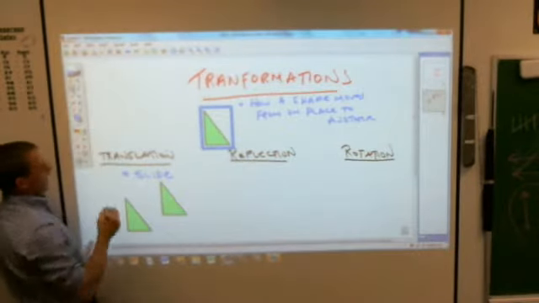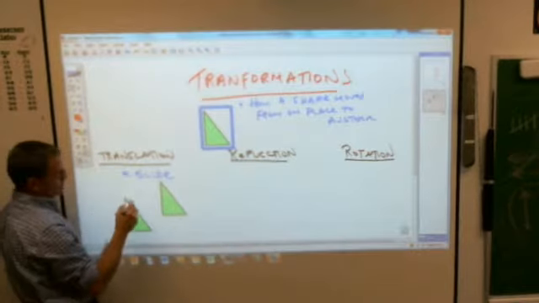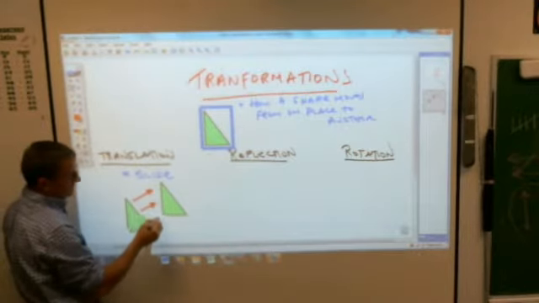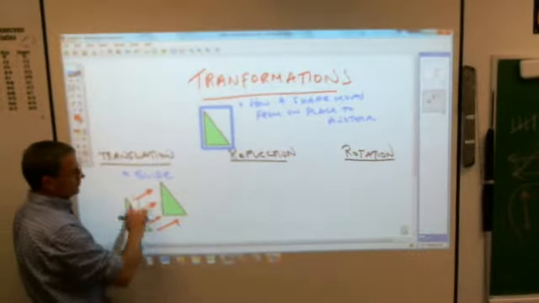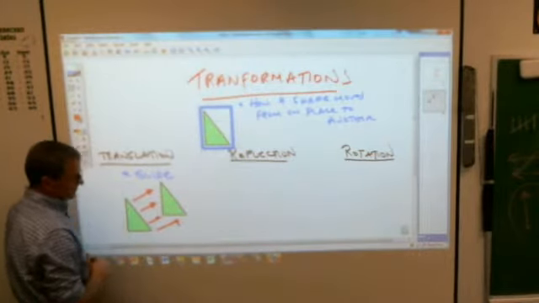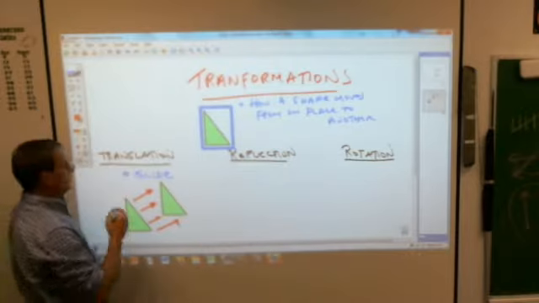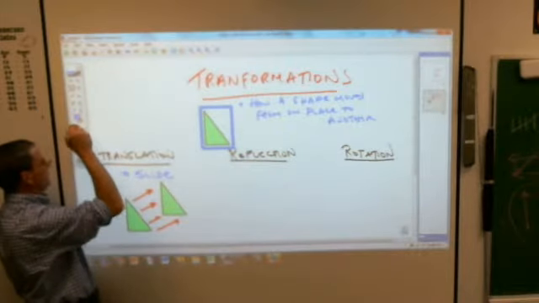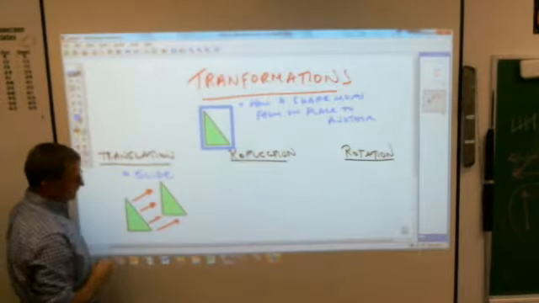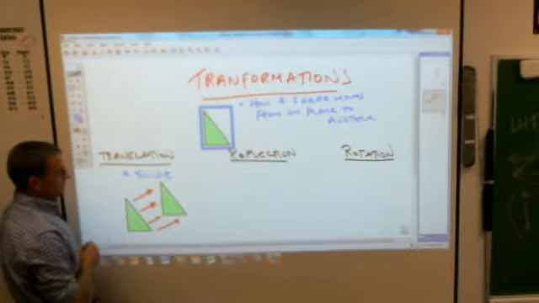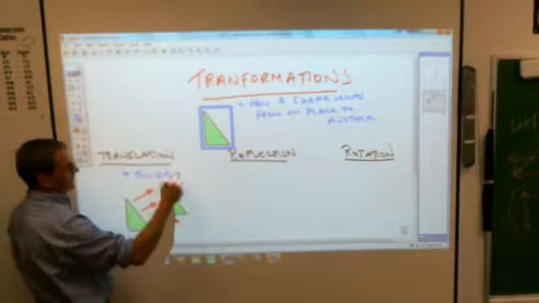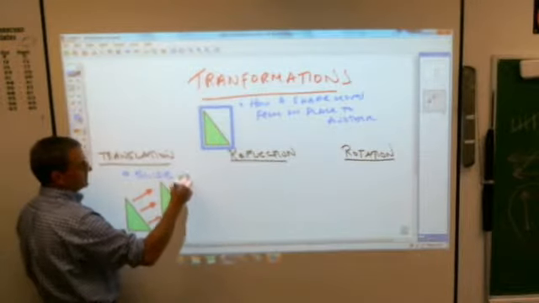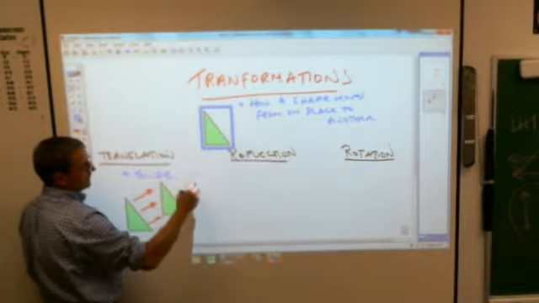When something is translated, it is simply slid to a new position. It does not turn, it just moves from one place to another. So it's basically a slide. It stays pointed in the same direction.